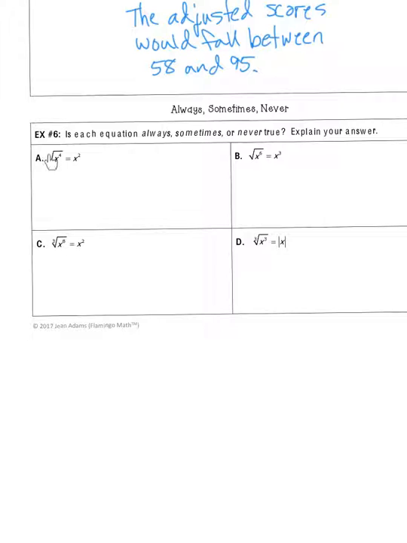This is an even root, so this has to come out to be positive, and there's no way, even if x is negative, for it not to be positive. So this would be always, and the reason is x squared is never negative.